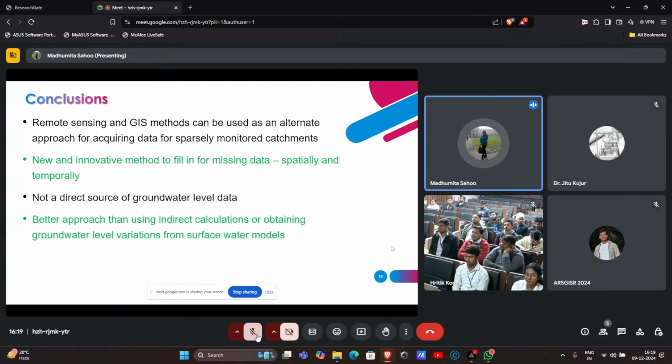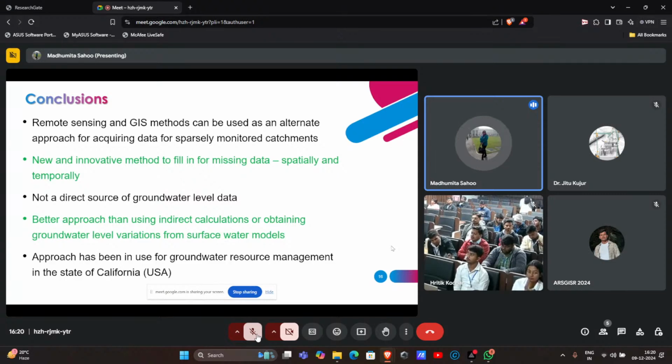So instead of going for a surface water model like SWAT or HMS or DHI models, it's better to go for some statistical models which can correlate and balance out the water balance components with the GRACE data.